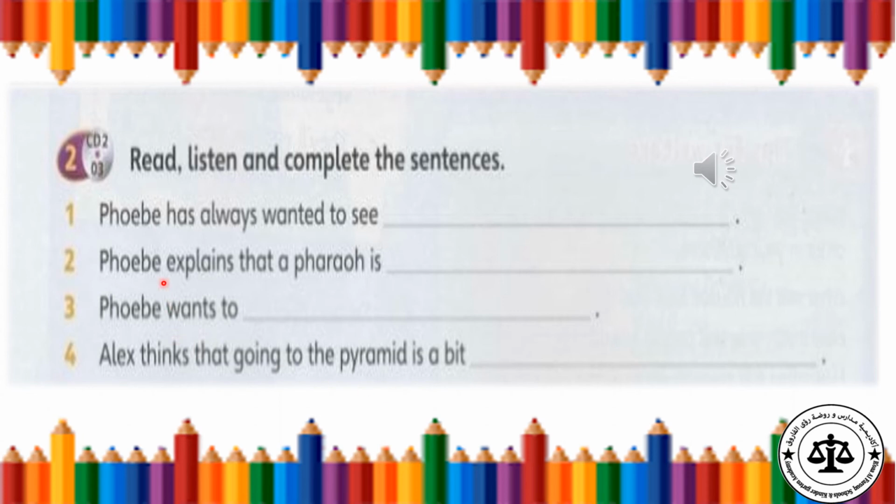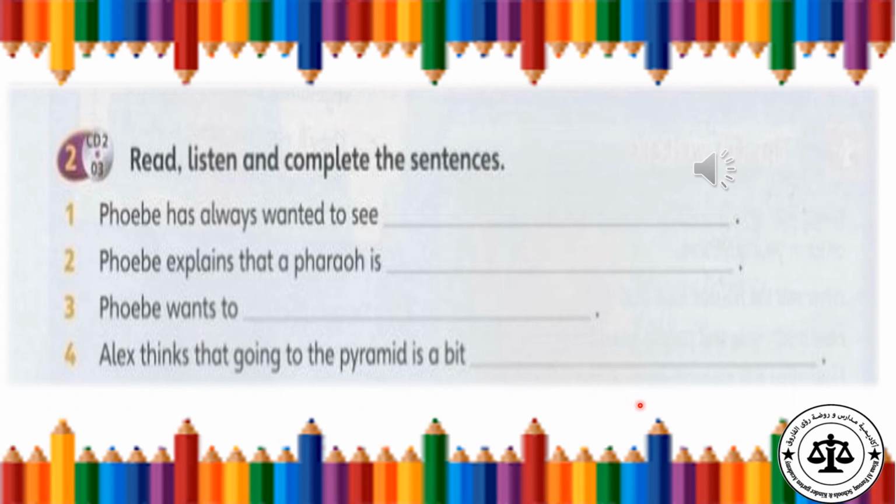Whoa! Look, we're in Egypt. The pyramids. And the Sphinx. I can't believe it. I've always wanted to see the pyramids. Who's that man on the chariot? He's the pharaoh. He's a kind of king. And look at all those slaves. That looks like very hard work. Yes. I hope they don't find us.